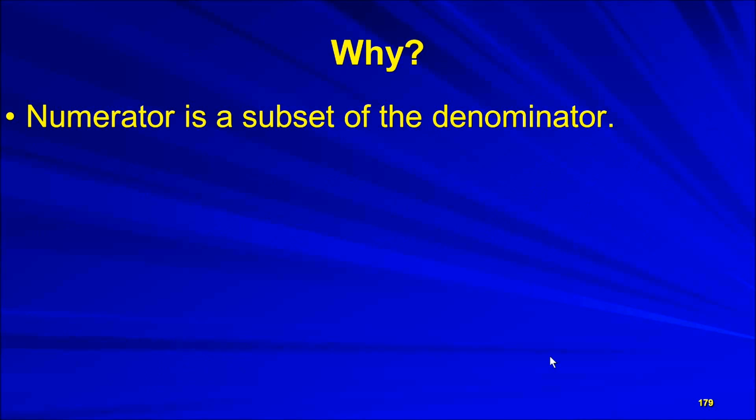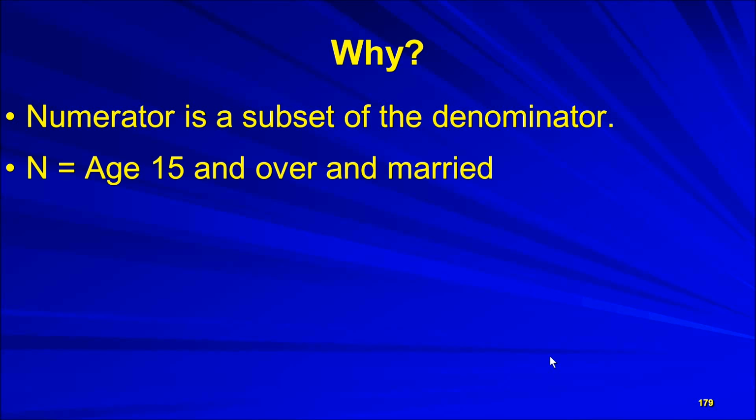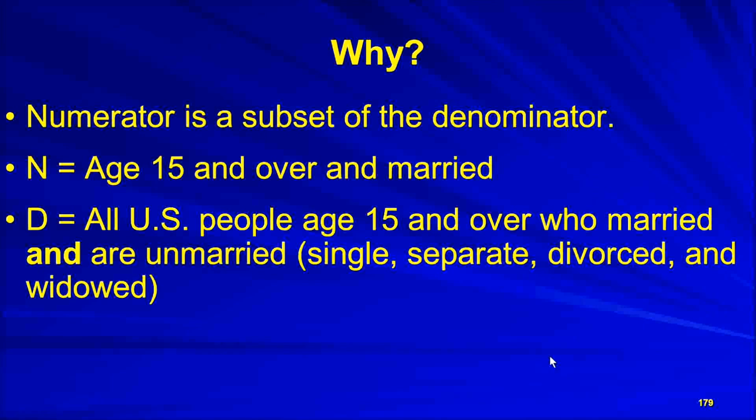Okay, why? Numerator is a subset of the denominator. N, age 15 and over, and married. We're going to repeat it again: all U.S. people age 15 and over who are married and are unmarried, which includes single, separated, divorced, widowed, and never married. Okay?